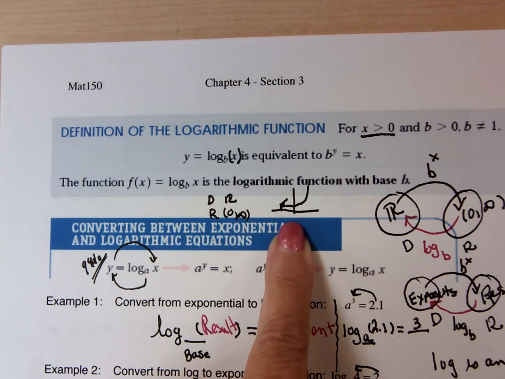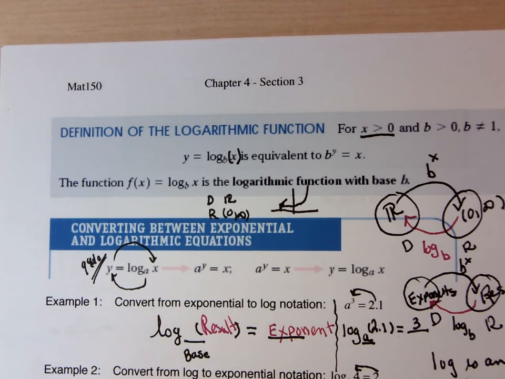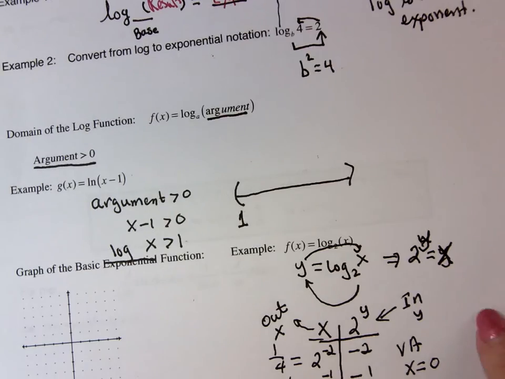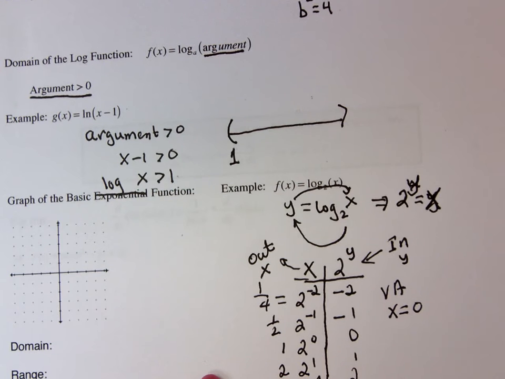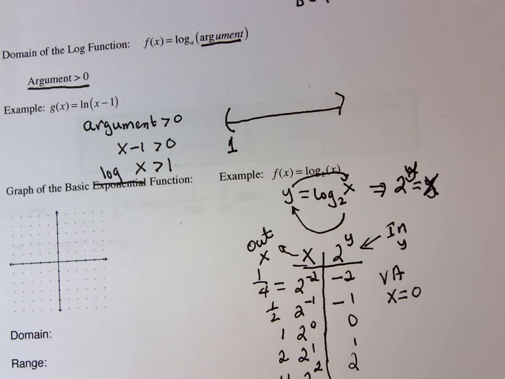It's a horizontal line, so it's the x-axis. And if you're doing the inverse, you are flipping x and y. So if indeed the exponential has an HA at y equals 0, the logarithm will have a VA at x equals 0, because you're flipping x and y. So it's always like that? Always like that.